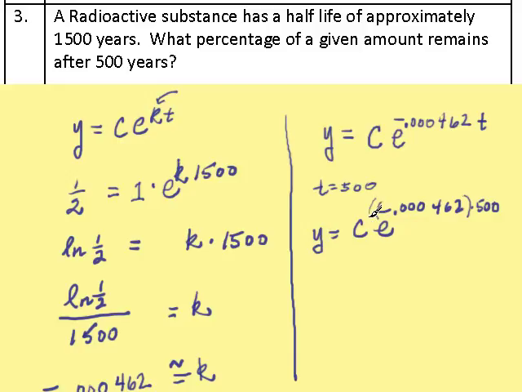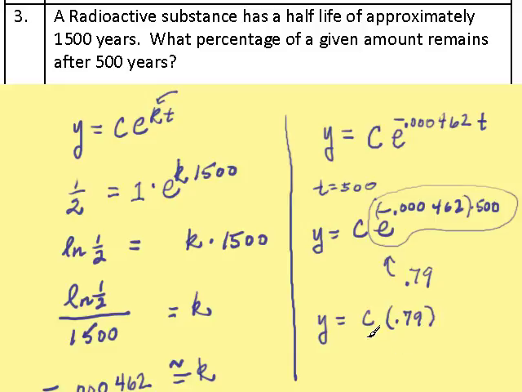Now this we approximate, and I get that this is approximately equal to 0.79. So we have that y is equal to c times 0.79.